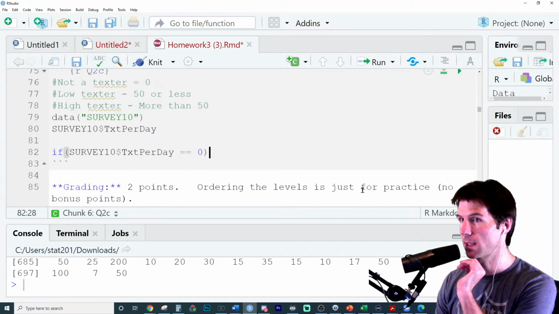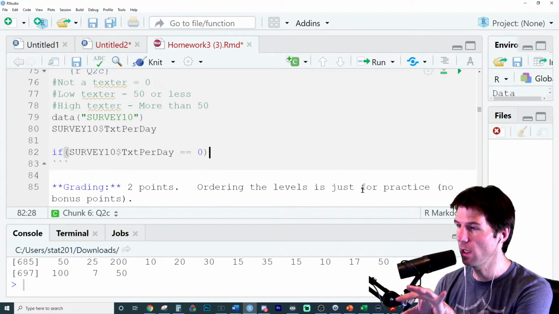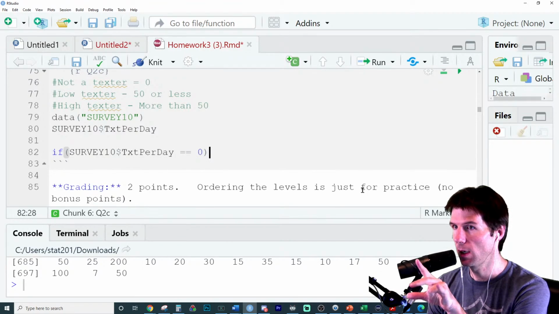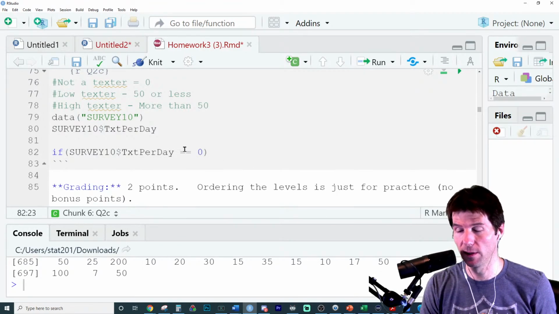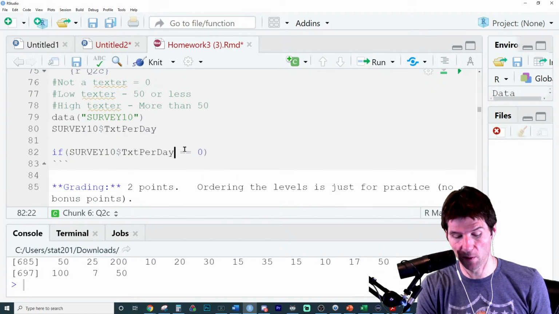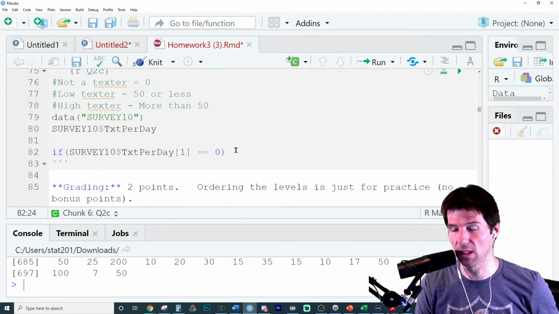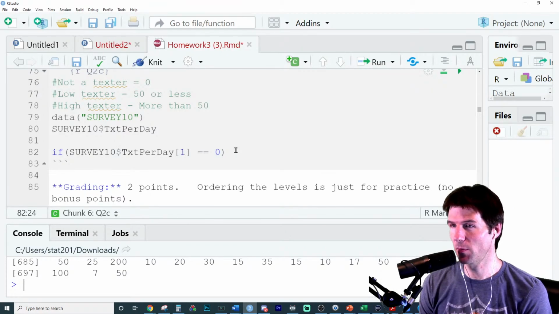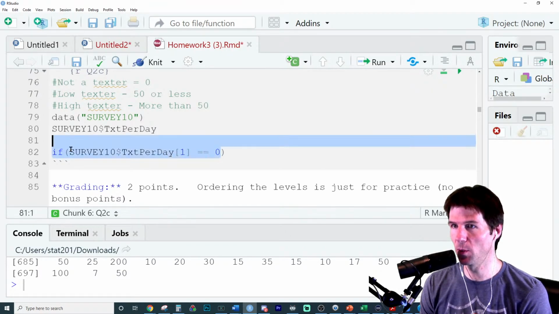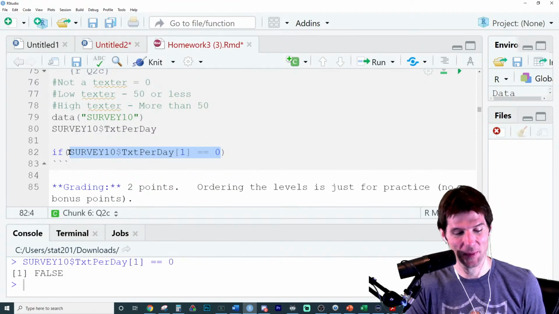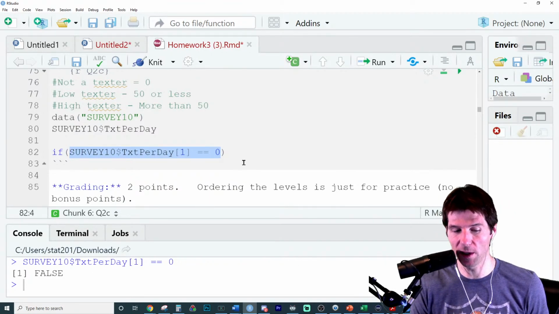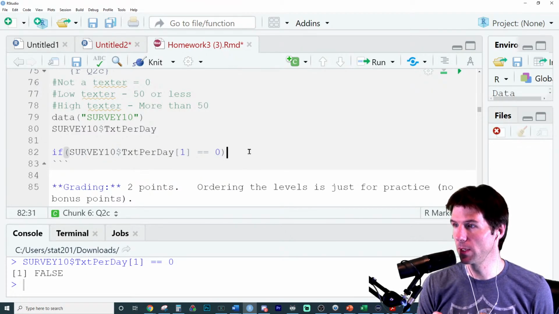So the if takes... Oh, we need to look at the first person because we're doing it within this. Let's look at the first person's texting, because an if only takes one logical. Hey, Parker, good to see you here. An if only takes one logical, and then now we need to do what?